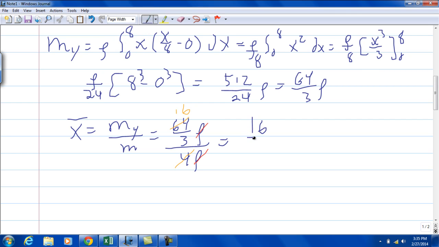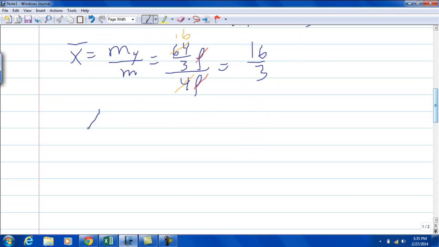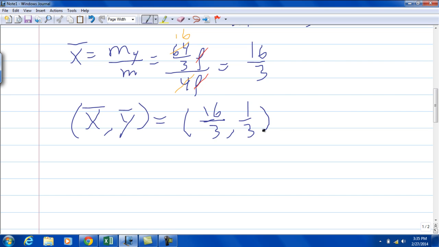So it's just 16/3. So x bar, y bar, center of gravity, is going to be 16/3, comma 1/3. Okay, I hope that helped.